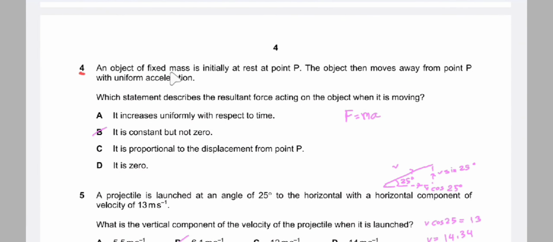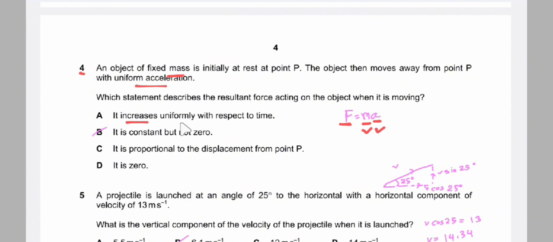Number 4. An object of fixed mass is initially at rest at point P. The object then moves away from point P with uniform acceleration. Which statement describes the resultant force acting on the object when it is moving? So the mass is fixed and the acceleration is uniform. That means the acceleration is not changing. Since the mass is fixed and the acceleration is not changing, the resultant force has to be constant.